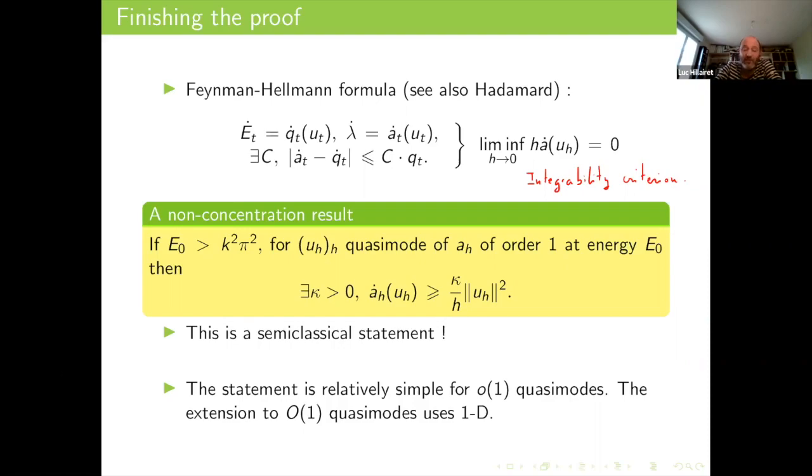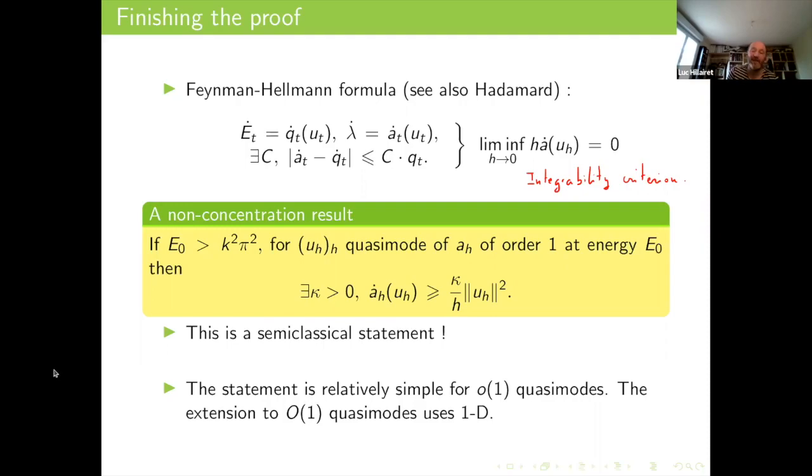Let me just remark here that the quasi-mode you obtain is big O of 1, order 1. If you had small o of 1, then you could use semiclassical measures and the invariance of the semiclassical measures to prove such a statement, exactly as we did in the first place with exact eigenvalues.